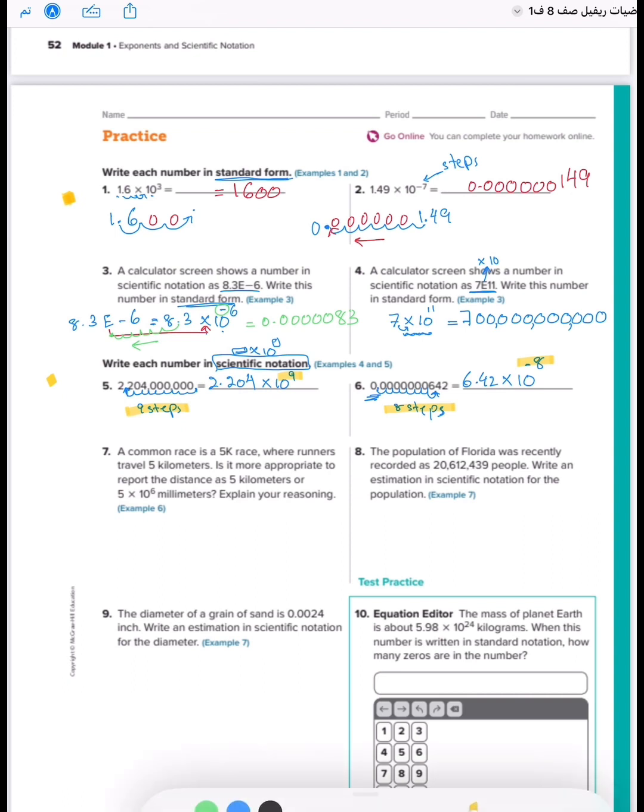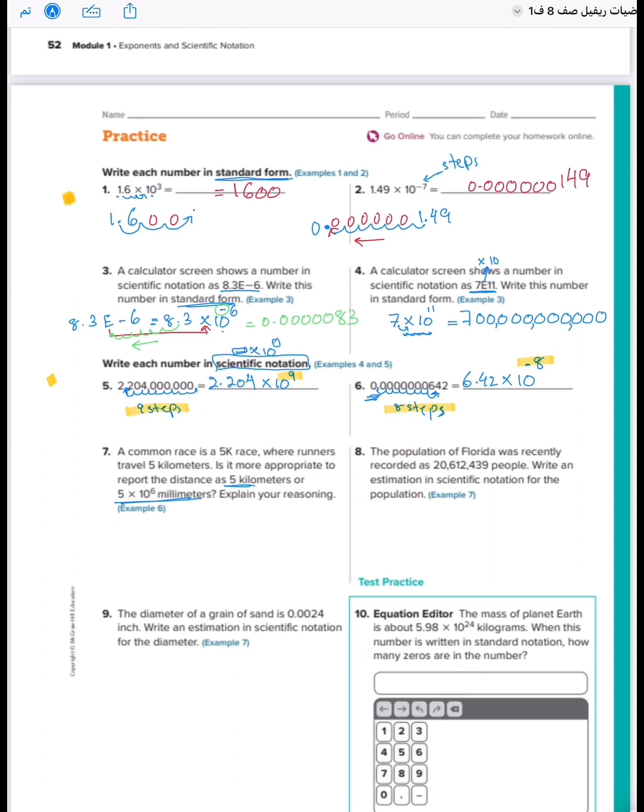Let's see question number 7. A common race is a 5K race where the runner travels 5 kilometers. Is it more appropriate to report the distance as 5 kilometers or as 5 times 10 power 6 millimeters? Which one is appropriate, this one or this one?